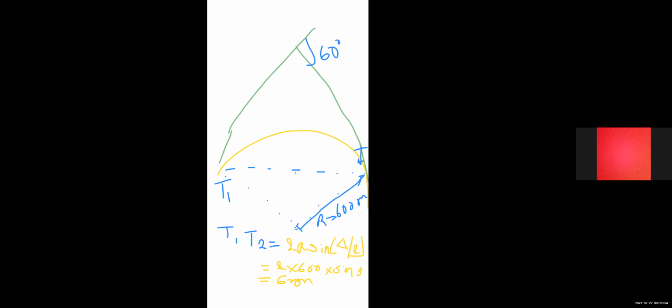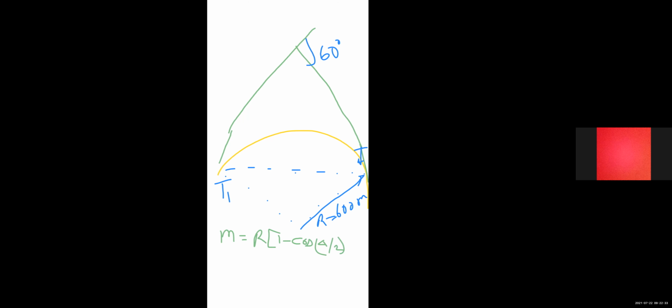Second question is length of mid ordinate. What is the equation of mid ordinate in simple curve? Length of mid ordinate M equal to R into 1 minus cos delta by 2.